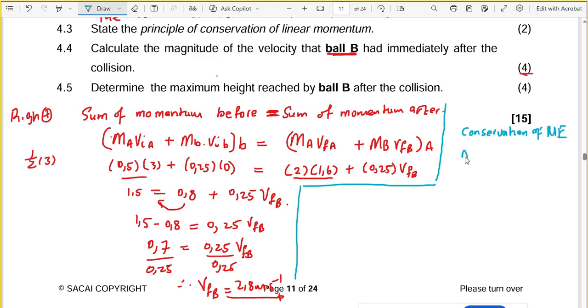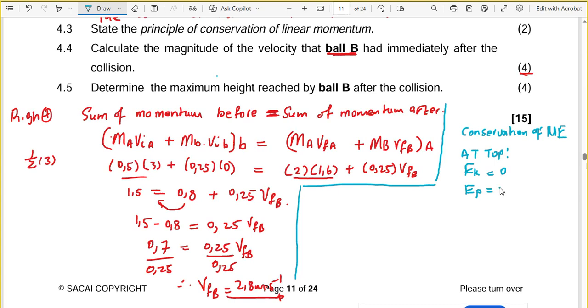At top, just know that your kinetic energy, let's say this is EK, is equal to 0.